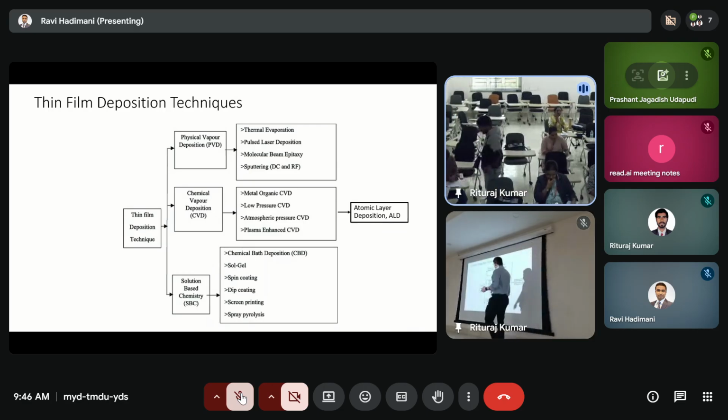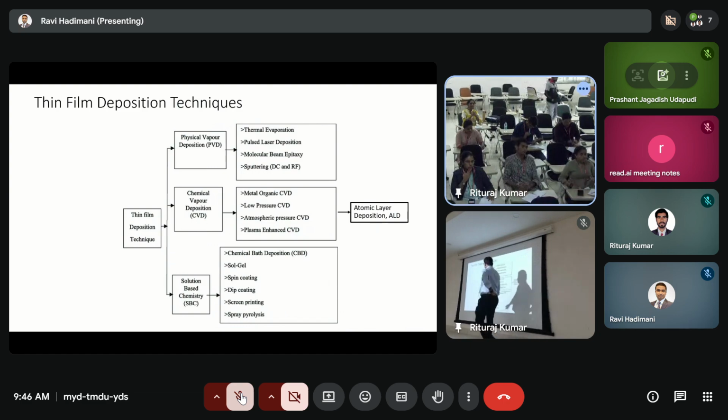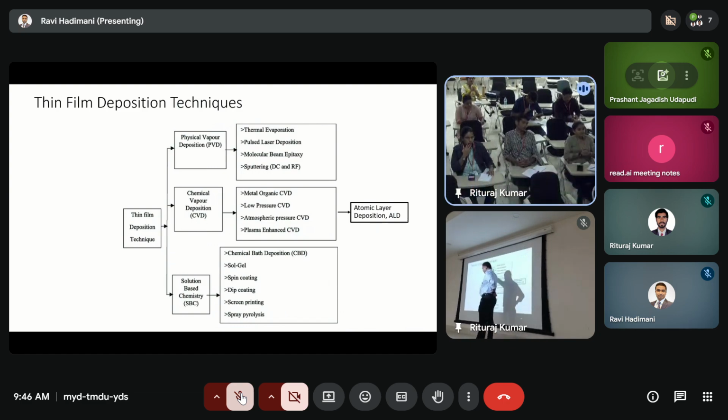Now in thin films, you have several varieties. So how do you make a thin film? Again, thin film or thick film. What is thin film? If you have 100 nanometers, it's thin film. If you have 900 nanometers, now you are at the boundary of thin and thick film.